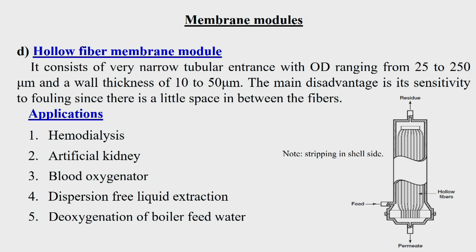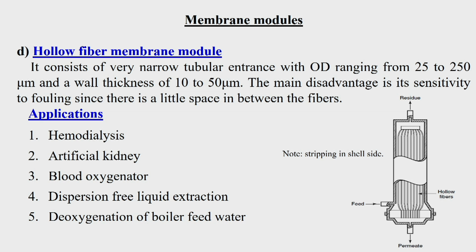So, the tubular module and hollow fiber modules are almost the same, and operation wise also the same. The only difference is that in tubular modules we have big tubes, but in hollow fiber modules all the fibers have very low inner diameter as well as outer diameter.